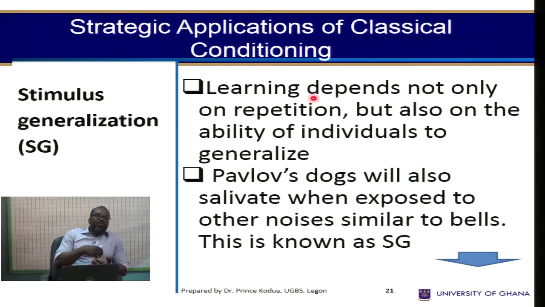In other words, consumers have the ability to generalize. So let's see how this is applicable in marketing. Learning depends not only on repetition, but also on the ability of individuals to generalize. Pavlov's dogs will also salivate when exposed to other noises similar to bells. This is known as stimulus generalization.